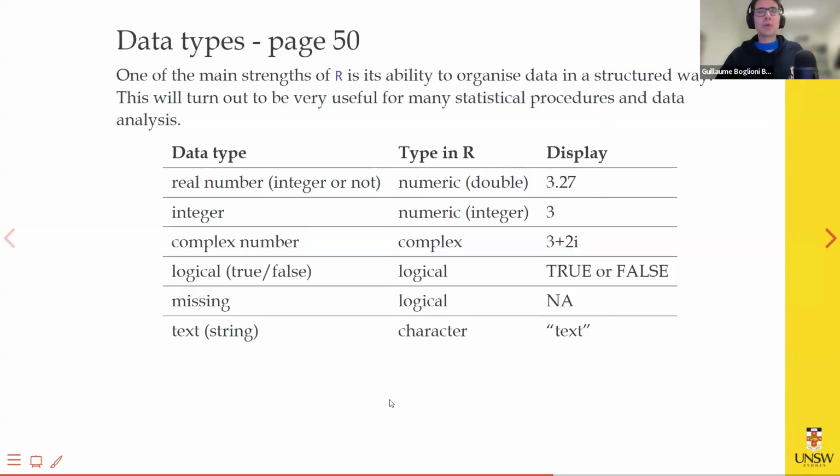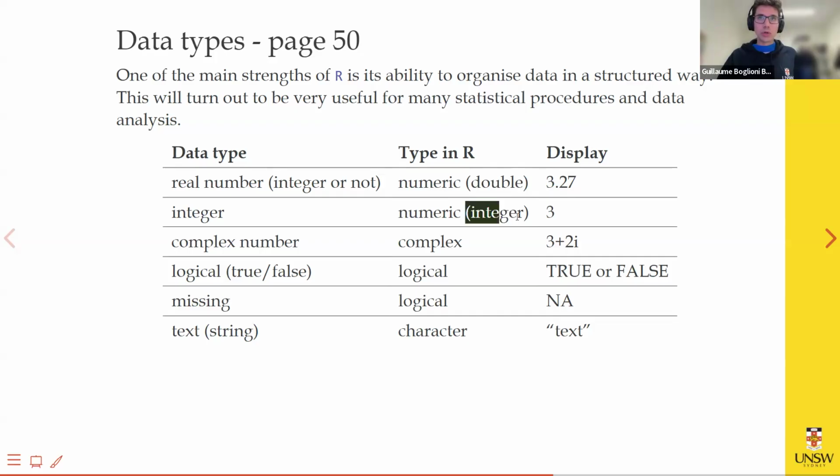Now, there's actually two types of numerical objects in R. The difference between both probably doesn't matter too much for us, at least, but let's still present it. You can have a numeric type that is more precisely called a double, and you can have a numeric that is more precisely an integer.